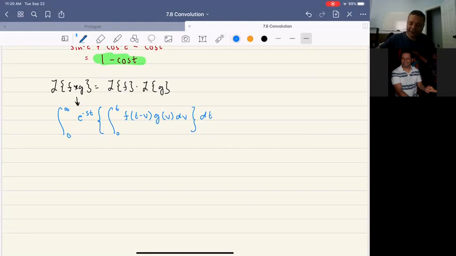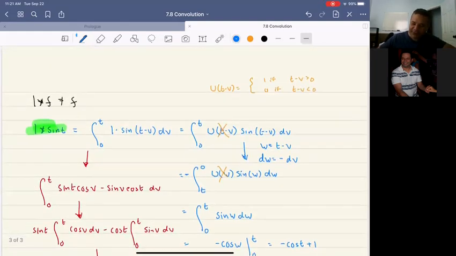This integral in t is the Laplace transform, and this integral in v is the convolution. Now we're going to use that trick. We're going to multiply by a step function, the one we didn't need up there, but we're going to use here.